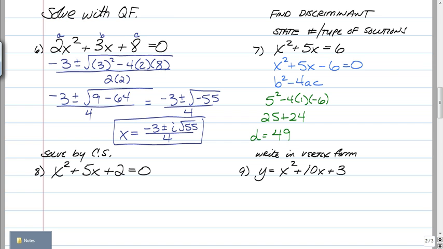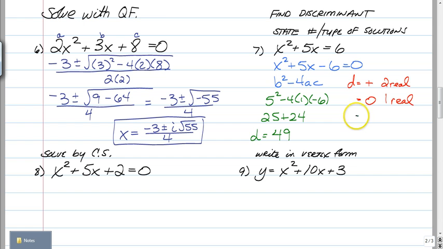The type of solutions. If you have a positive discriminant, then you have 2 real solutions. If the discriminant is 0, you have 1 real solution.